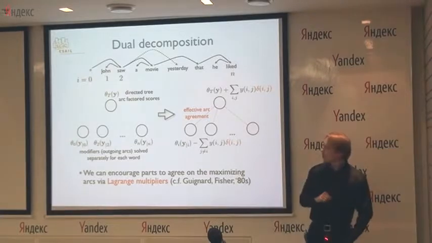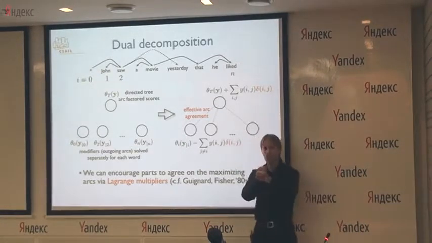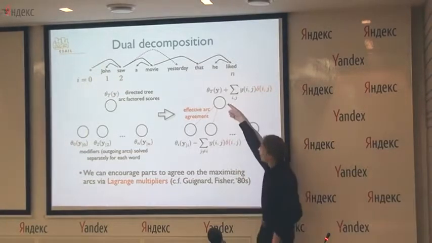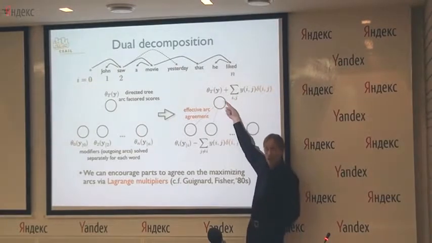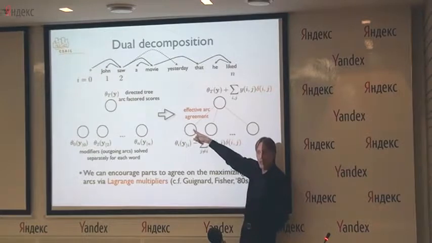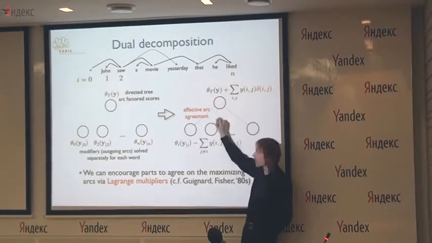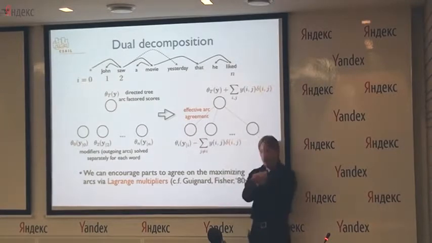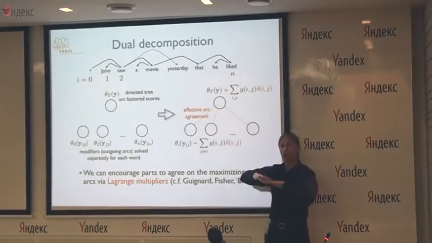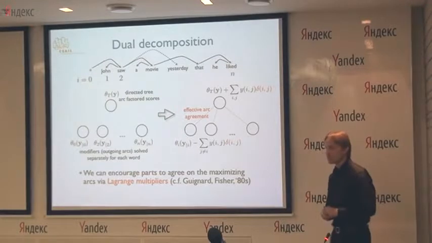So intuitively, all that this is doing is if you take a particular word and it really prefers a particular set of outgoing arcs, but the tree expert here does not like one of the edges, then you simply take part of that score from this expert and move it here. As a result, this still prefers that outgoing arc, but now the tree does as well. And you establish an agreement. That is what the Lagrange multipliers are doing here.